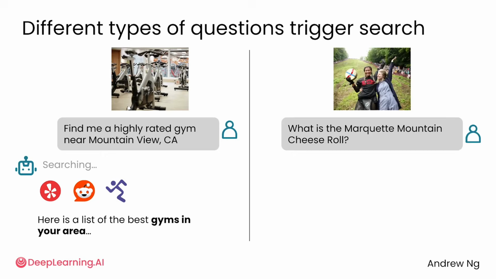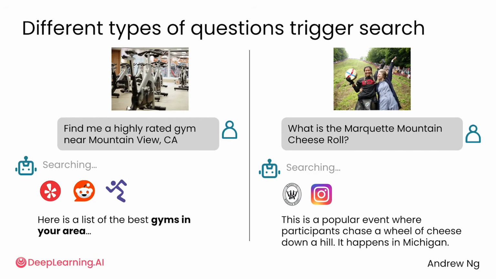Or if you ask it, what is the Marquette Mountain Cheese Roll? Because this is a niche piece of information, it's probably not read a lot of information online about this cheese roll. There's a good chance that it will search the internet in order to get you an answer. And if you're curious, this is actually a pretty fun event where people chase a rolling wheel of cheese down a hill.